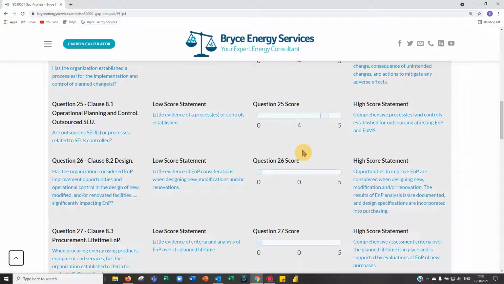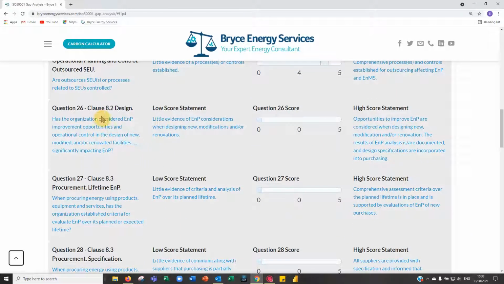Very important one, especially in terms of carbon management. ISO is specifically energy efficiency and actually doesn't mention carbon. But if you have an eye to carbon neutrality, issues like clause 8.1, control of outsourced significant energy use, critical, because that would be scope 3 for your business.